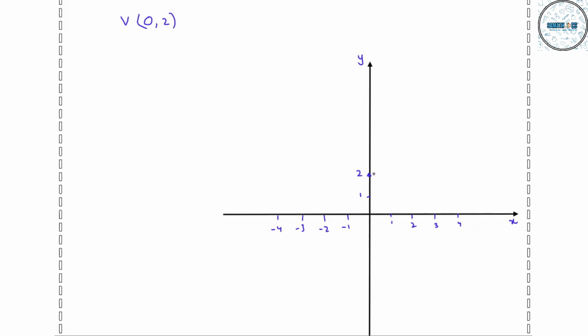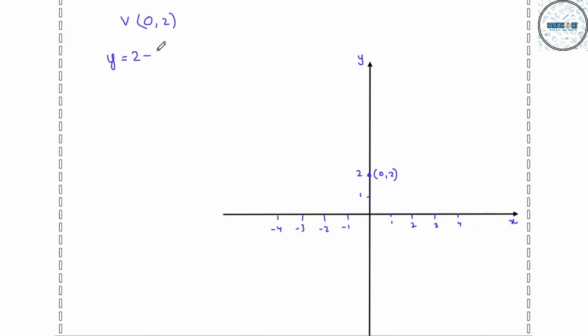This is the vertex, 0, 2. Now we have to take one value of x on the right-hand side of the vertex and another value on the left-hand side of the vertex. So we can take the values 3 and -3.